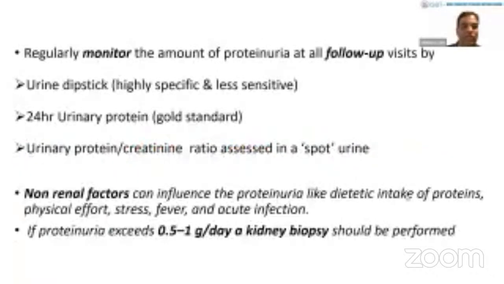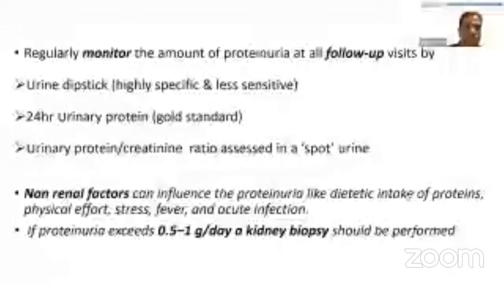We need to regularly monitor the amount of proteinuria at all follow-up visits, either by urine dipstick, though the dipstick is highly specific and less sensitive, or by 24-hour urinary protein, which is really the gold standard, but the collection is a little bit difficult because of low quantity sometimes. Or it can be the urine protein to creatinine ratio assessed on a spot urine. With these methods, we need to monitor all graft patients at follow-up visits.